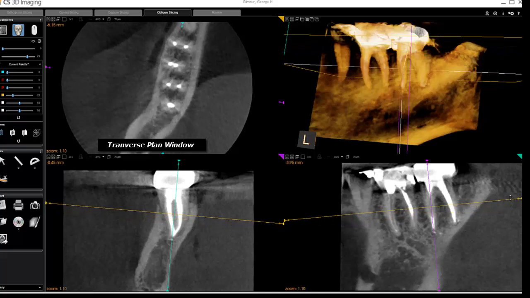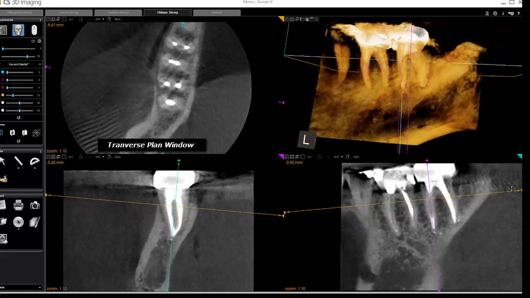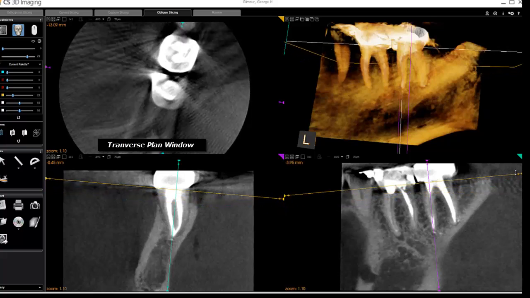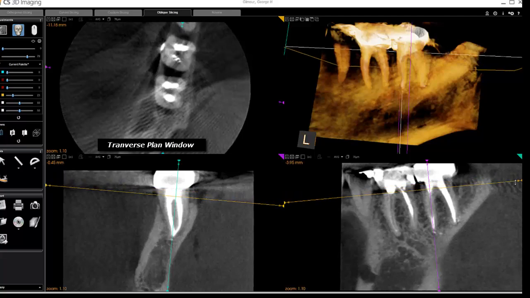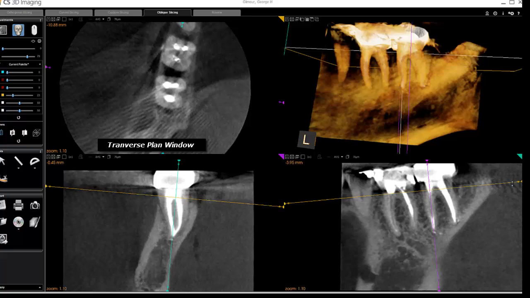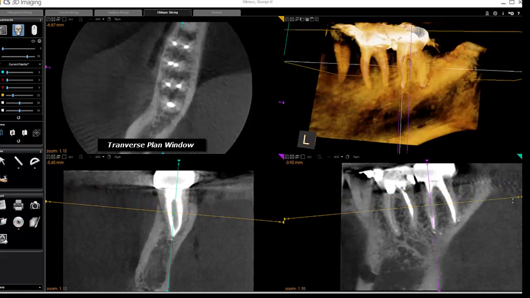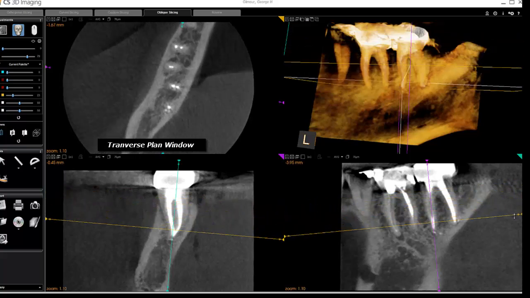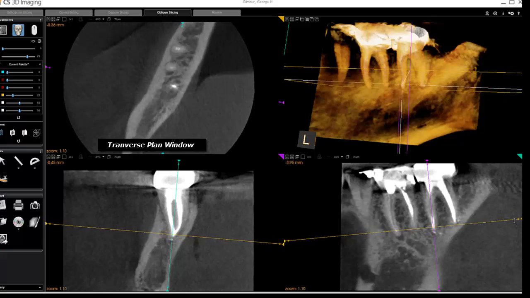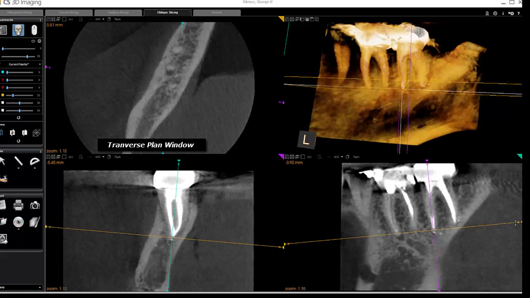There's not much of a mesial concavity, and there's where the pulp chamber merges. And you get some burnout with the metal. Let's go back down to the apex. I actually like to go through the apex and go apically, to see if there's any radiolucency, and there isn't. It looks pretty good.